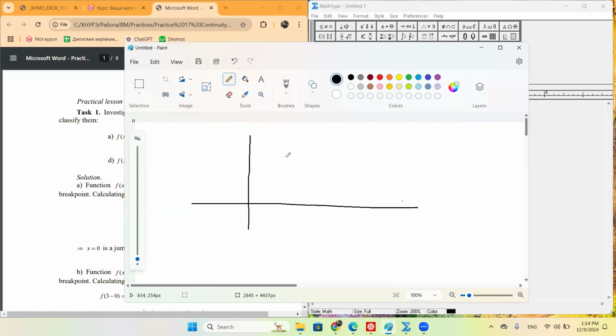Here is the graph of a function, and such a function is continuous, so no breakpoints. But in some cases it has different breakpoints or discontinuity points, something like this. This is a breakpoint or discontinuity point of the first type, a removable discontinuity point.